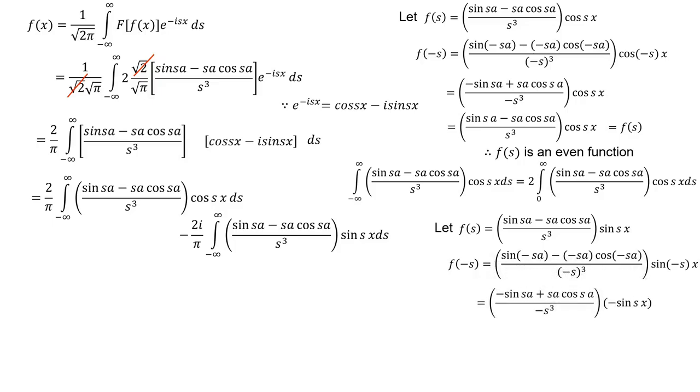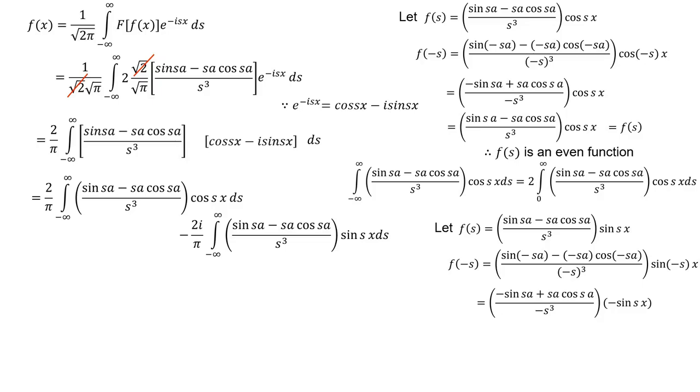Here also the sin of minus theta is minus sin theta, so that minus sin sa and minus into minus plus sa. Cos of minus theta is cos theta, so cos sa divided by (minus s) the whole cube is minus s cube, into sin of minus theta is minus sin sx.